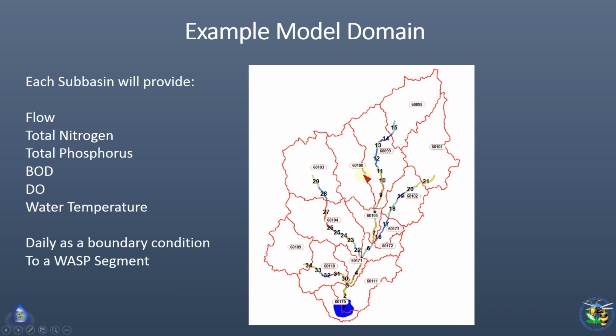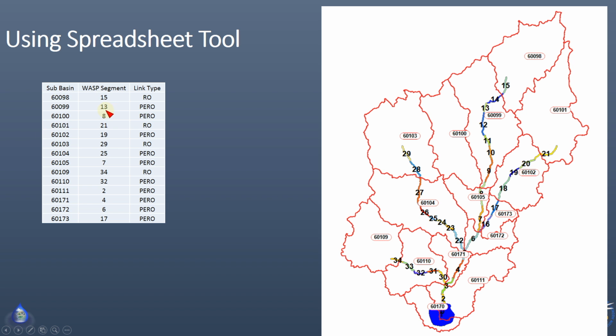So every subbasin here will be contributing to the WASP model network in one fashion or another. And it's critical as you go through this that you label which subbasin is going into which WASP segment and what kind of linkage type is there, because it's critical to know that when you use the spreadsheet tool. This way you process the right data going forward to WASP.